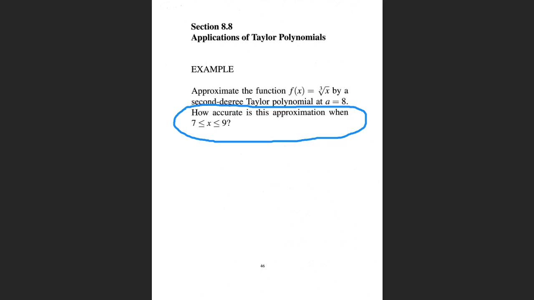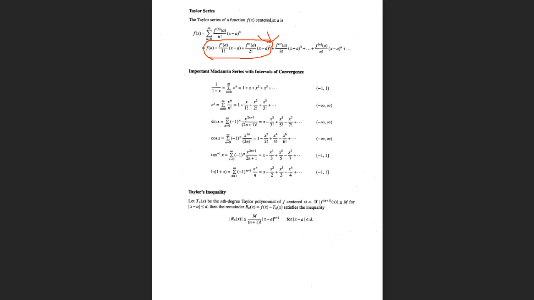So we need to use something called Taylor's inequality. Oddly enough, it's located in section 8.7 in your textbook. You'd think it'd be in 8.8, but it's introduced in 8.7. It's on the handout as well.